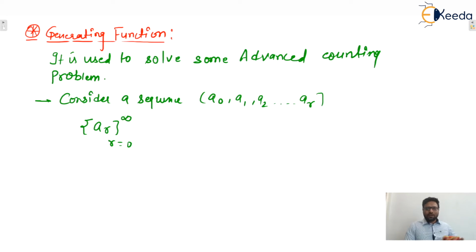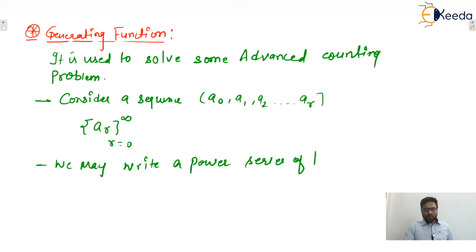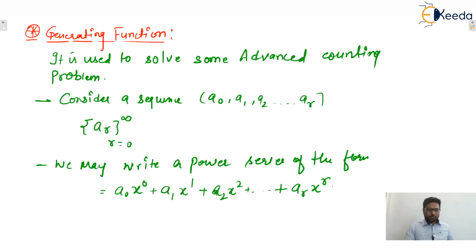Then we may write a power series of the form: a0 multiplied with x to the power 0, the first term multiplied with x^0. The second term, a1, is multiplied with x^1, then a2 with x square, and ar is multiplied with x raised to power r.